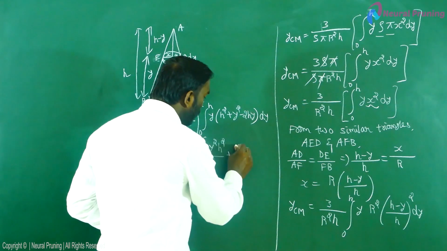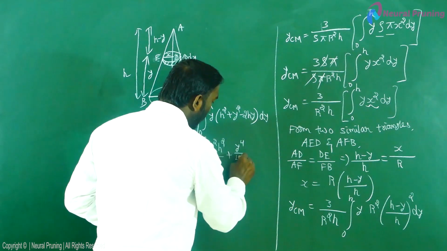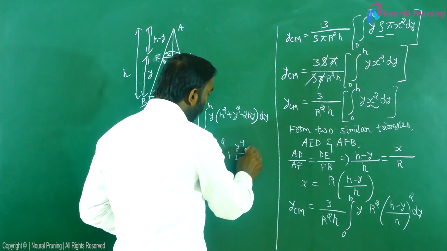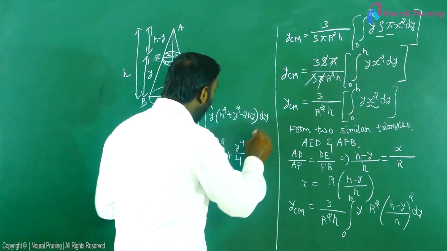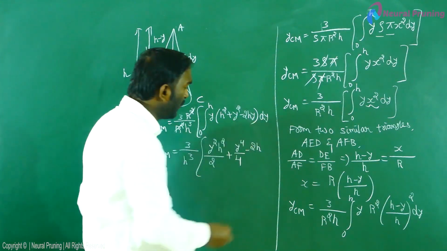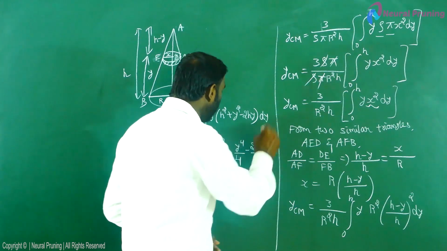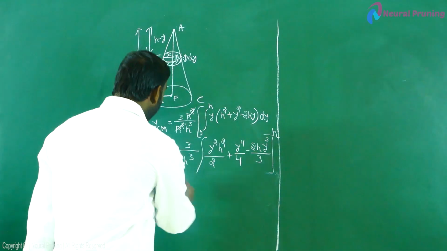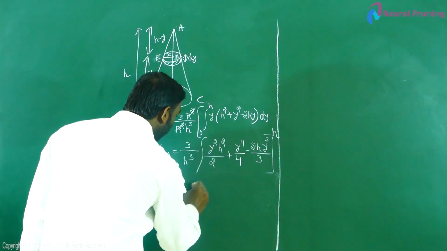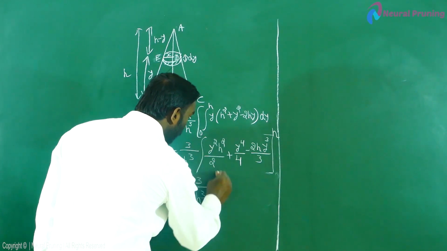Y cube dy integration Y to the power 4 by 4 minus 2H, again Y square into dy, Y cube by 3.